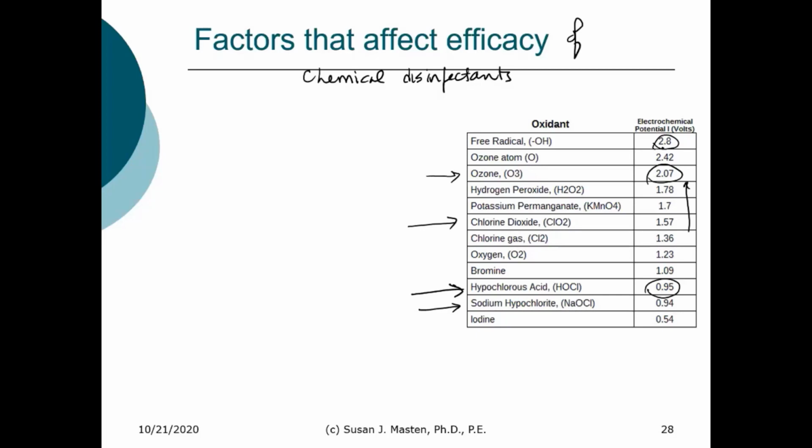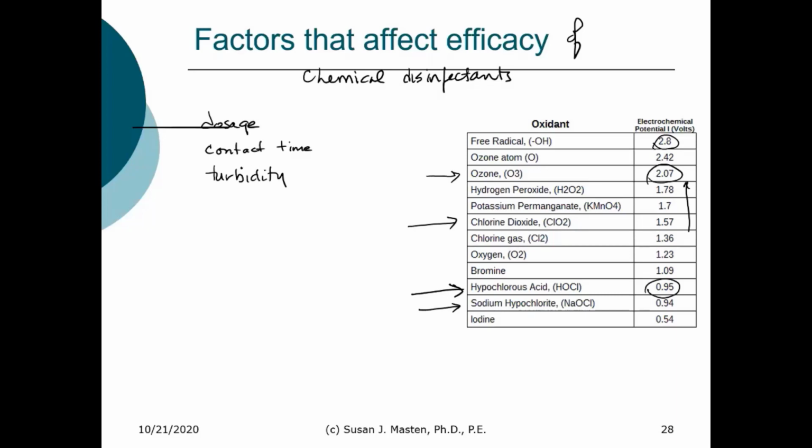We typically don't use OH radicals as disinfectants because they react with just about everything, and it's very difficult to maintain that disinfection. So the factors that affect efficacy, we've talked about dose, contact time. Another parameter is turbidity.